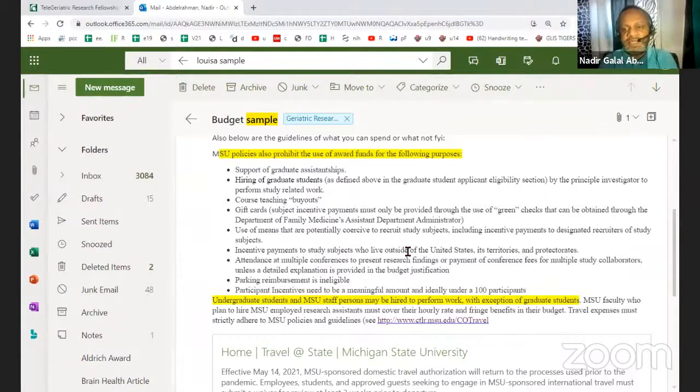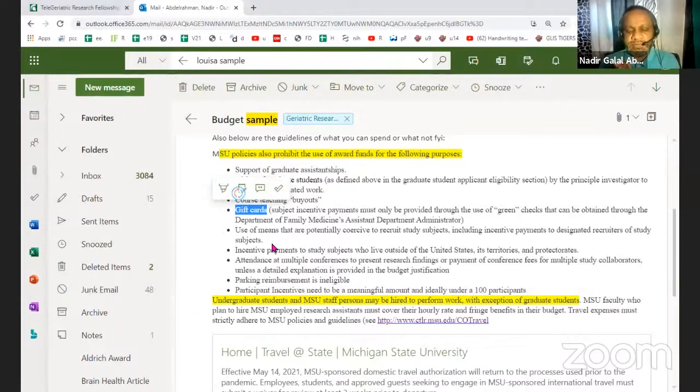You can say, I will pay them minimum wage per hour, and I'm expecting them to work 5 hours a week or 20 hours a week. Then you calculate that, and that will be accepted for this type of funding. But if you want to do the same with a graduate student, they will say, in our rules, we cannot support graduate students to do this type of work, and so forth.